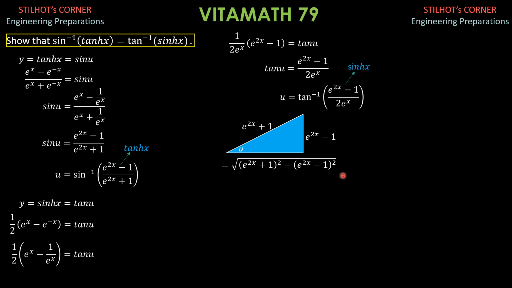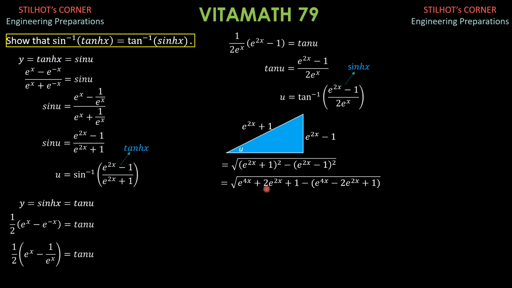So simplifying, that would be equals e to the 4x, then plus 2e to the 2x, then plus 1, then minus quantity e to the 4x minus 2e to the 2x plus 1. Then e to the 4x minus e to the 4x will vanish, and 1 minus 1 will also vanish.